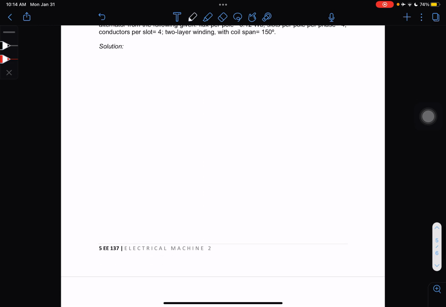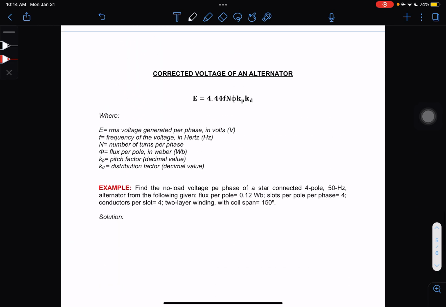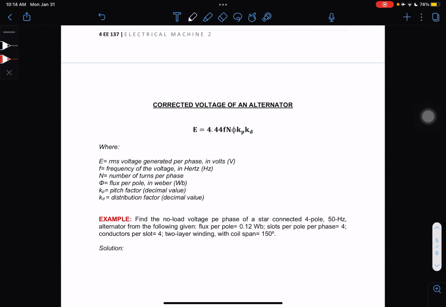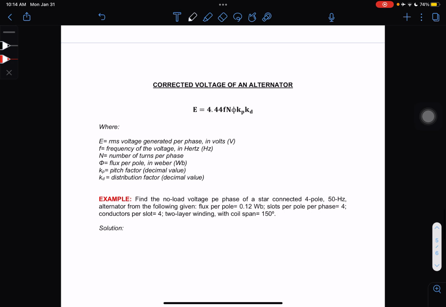So for our last topic for the prelim, we have the generated voltage of an alternator. Earlier we had the generated voltage, but now we have the corrected voltage. The formula is a combination.